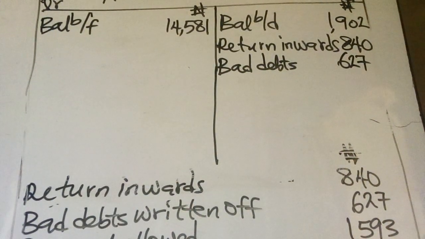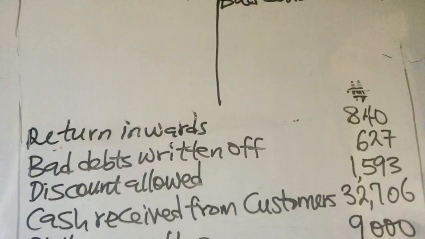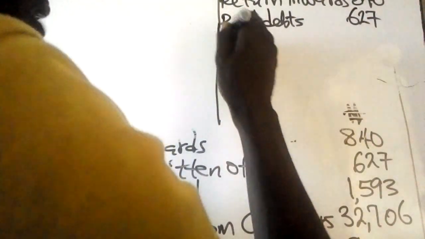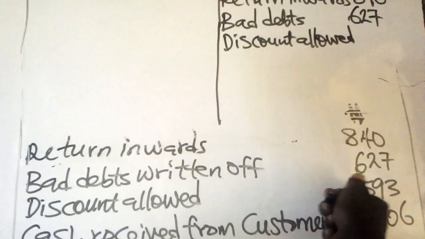Then the next item is discount allowed, which is 1,593. Discount allowed also reduces customers' debt. Discount allowed of 1,593.